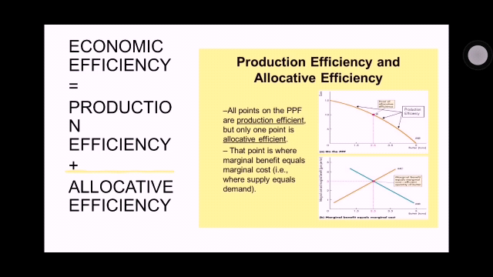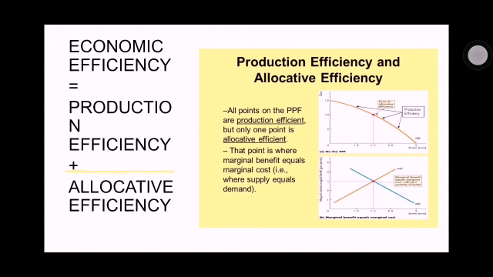Finally, the final use of the PPC that we'll be learning about is that the PPC helps in identifying the economically efficient point. Now on the first PPC, you can see how production efficiency is denoted. We know how production efficiency takes place.